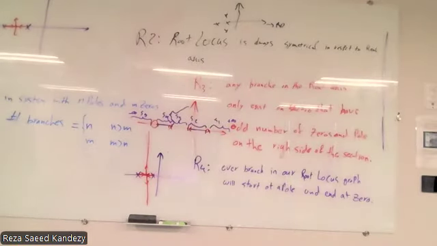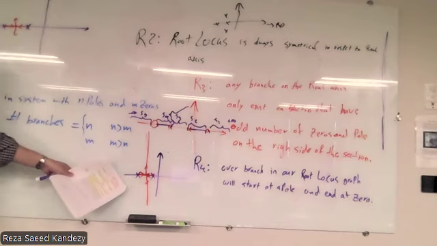Now look at this graph. We have 2 poles, 2 zeros. Are we short for any poles or zeros? 2 poles, 2 zeros. Are we short? Does anyone have any opinion on that? In this example, we had 2 poles, no zeros.